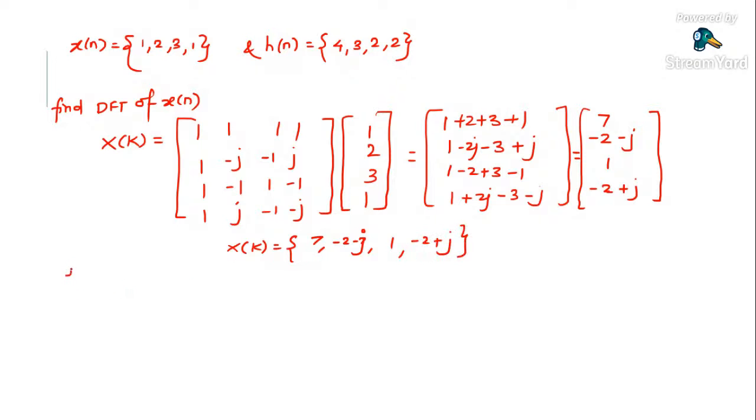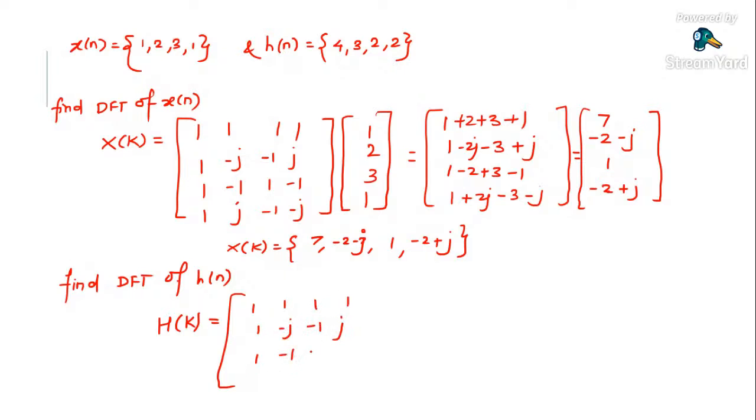Now find the DFT of h(n), written as H(k). H(k) is equal to the matrix 1 1 1 1, 1 -j -1 j, 1 -1 1 -1, 1 j -1 -j, multiplied by 4 3 2 2.